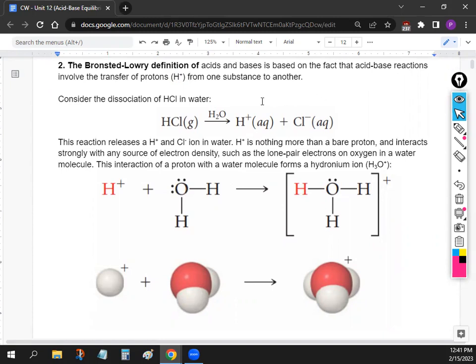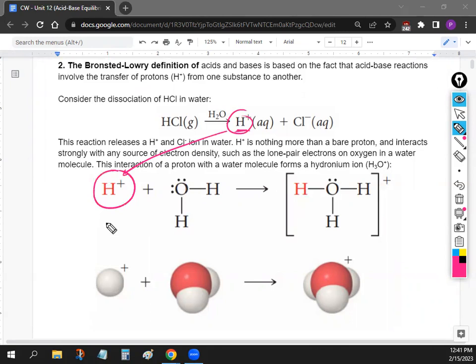So for example, when HCl breaks up into H plus and Cl minus inside of water, this H plus can be used as an H plus donor. HCl donates H plus to water to make it into hydronium right here. This is how we can see HCl as an acid, because HCl donates a proton.